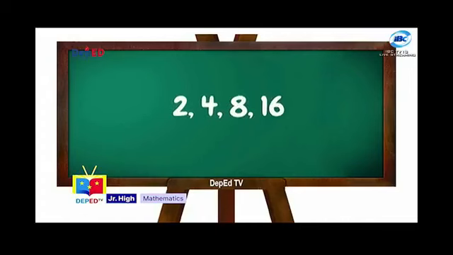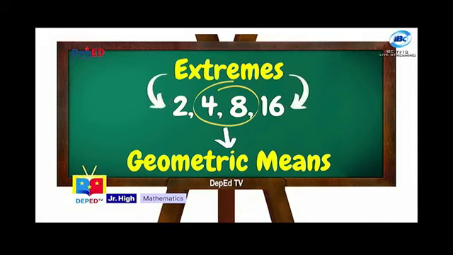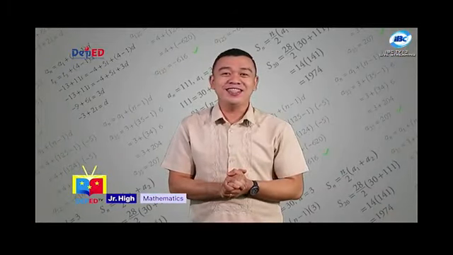In the sequence 2, 4, 8, 16, the numbers 4 and 8 are the geometric means of the extremes 2 and 16. I know that you are very eager to explore more about this lesson.